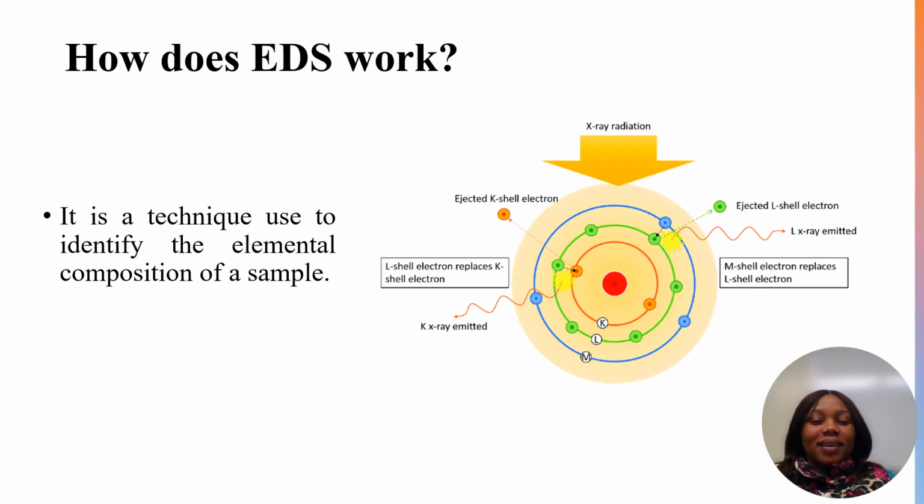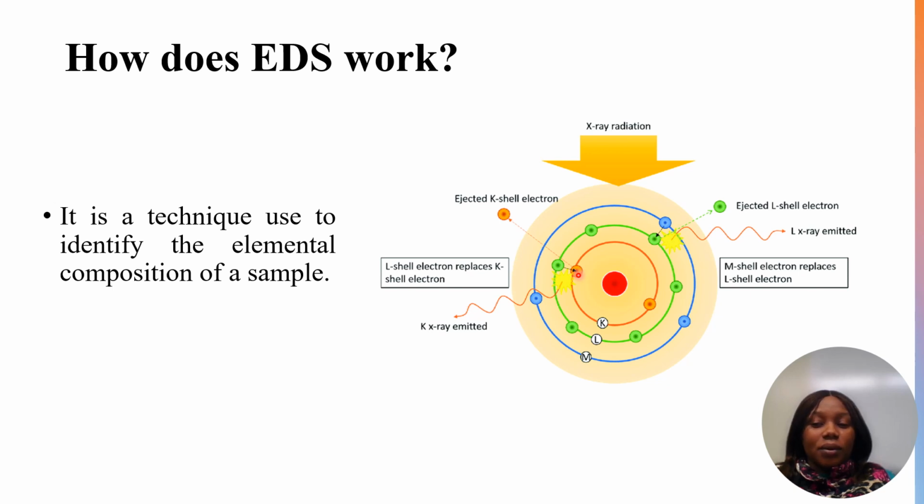How does the EDS work? EDS is a technique that is used to identify the elemental composition of a sample. What happens is the incident beam ejects an electron from an inner shell, and then it creates a hole because the electron gets ejected.